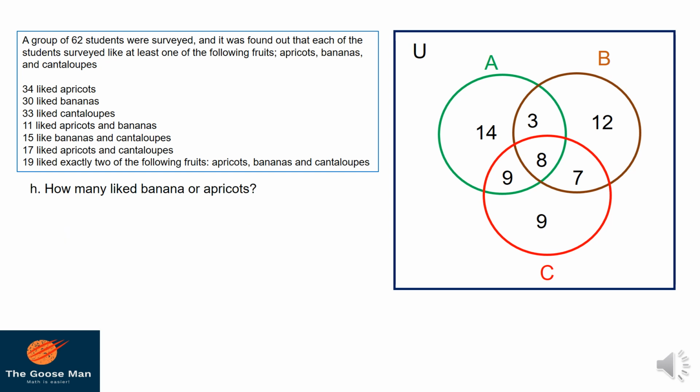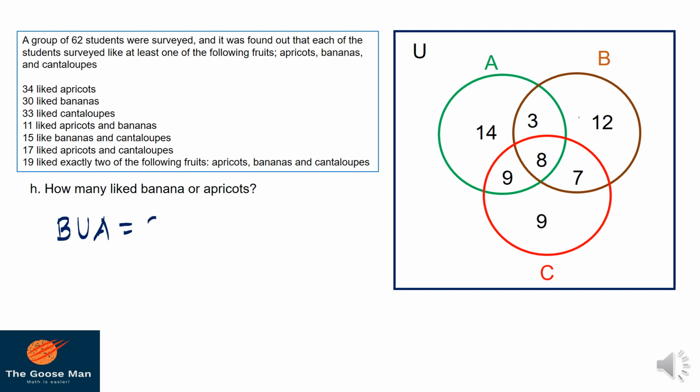Let's have another example. How many like bananas or apricots? Again, let's consider our Venn diagram. In symbols, we have the union of bananas and apricots. For our bananas, we have 3, 8, 7, and 12.